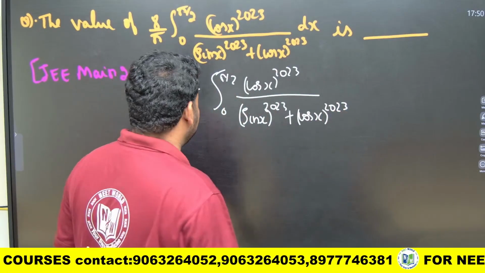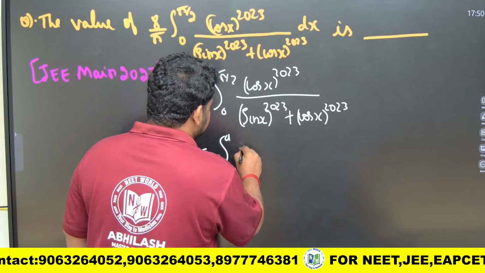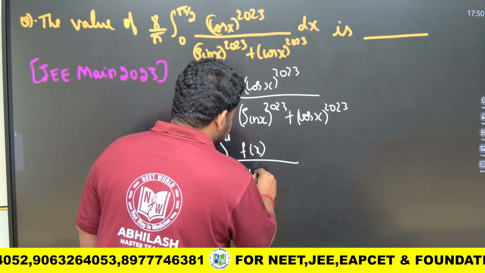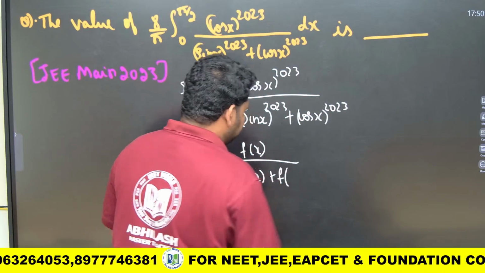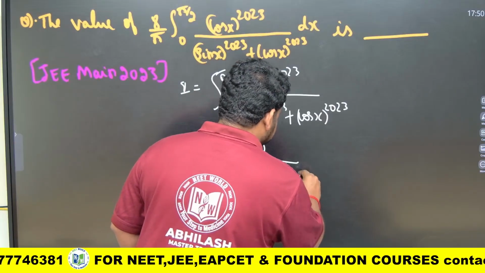Now this is of the form integral a to b of f of x divided by f of x plus f of a plus b minus x.